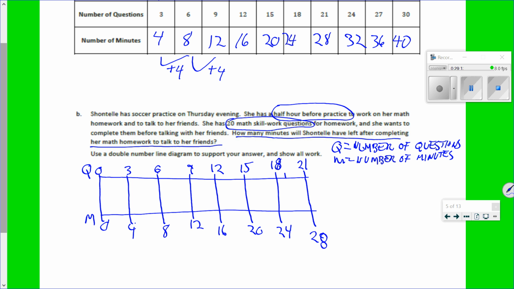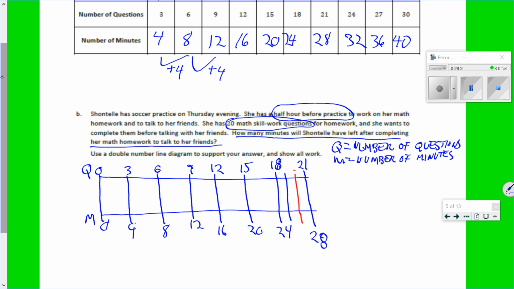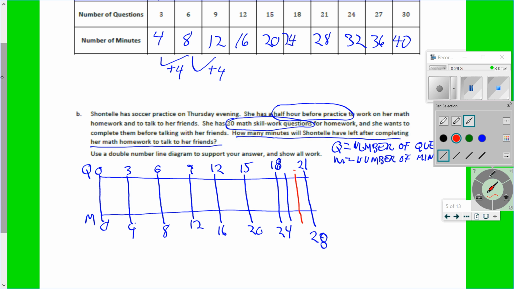So we would have 1, 2, and then of course the 21 would be 3. But we're focused on 20, right? So we're looking at this part right here.